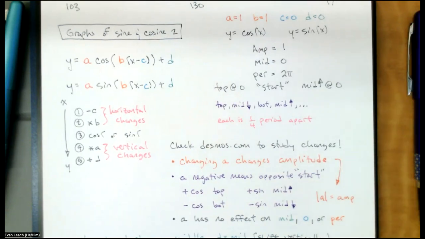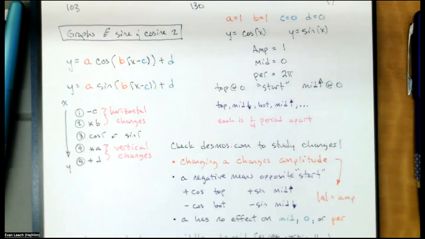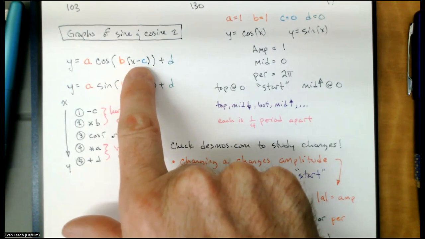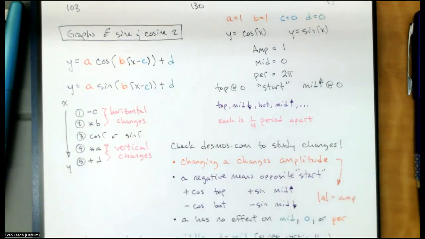So we want to think not of this minus c out here. We want to think about what will make x minus c equal to 0. That's where our new 0 is going to be.